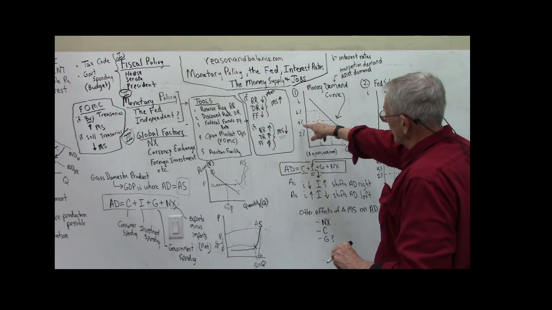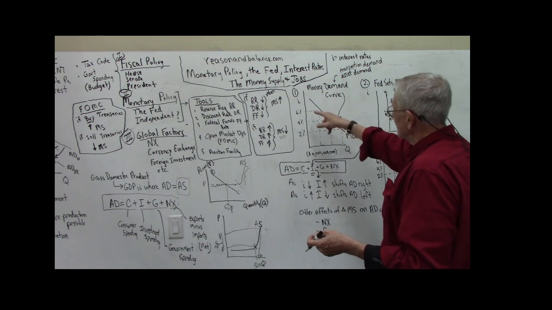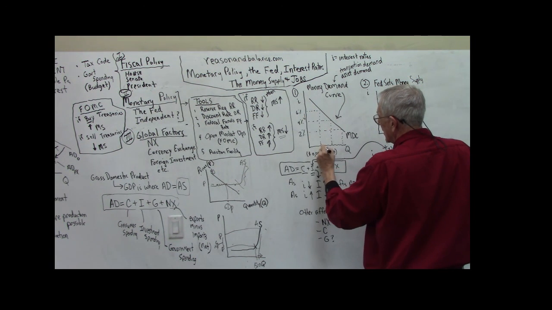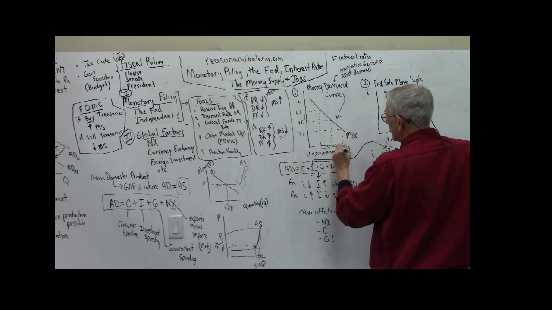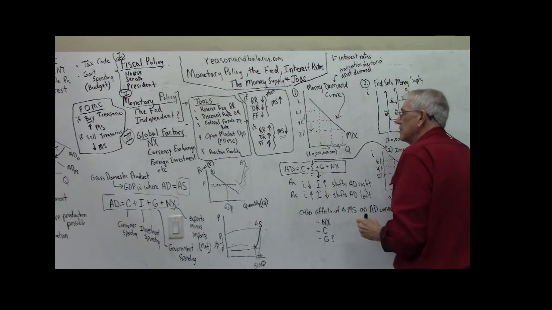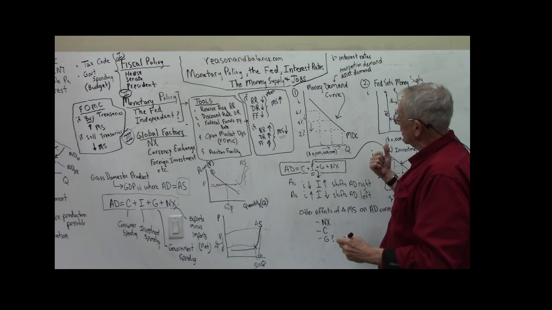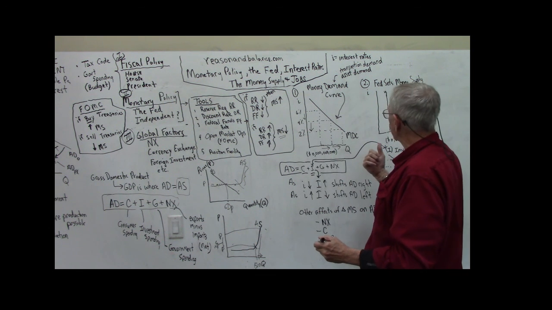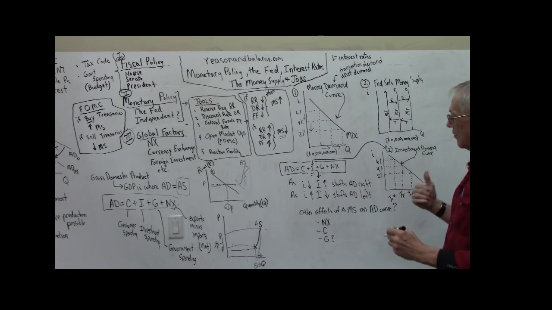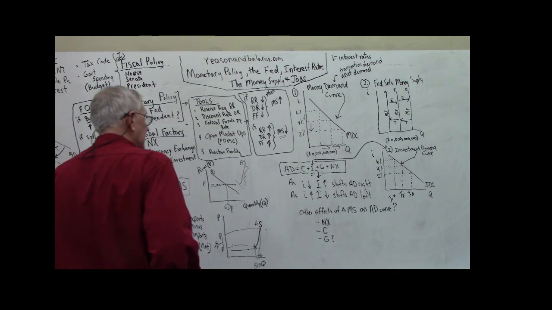So I have interest rates right here, I pulled them out of thin air. They could be any interest rates. As interest rates go down, we can see that the quantity demanded goes out, right? So as interest rates go down, you're increasing, for example, as the money supply increases, you're going to push the quantity of money demanded out, which means more money, right?